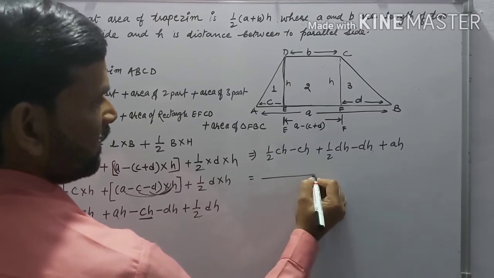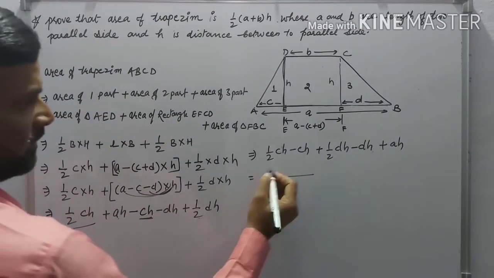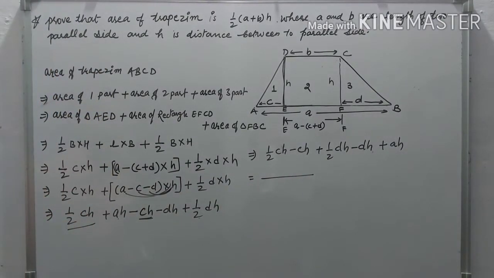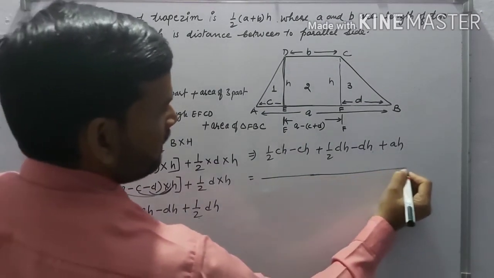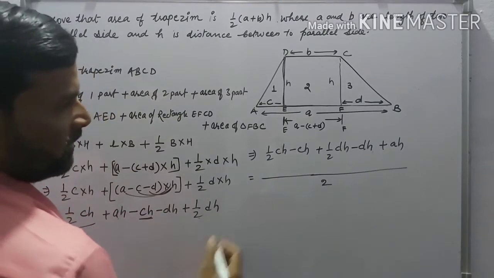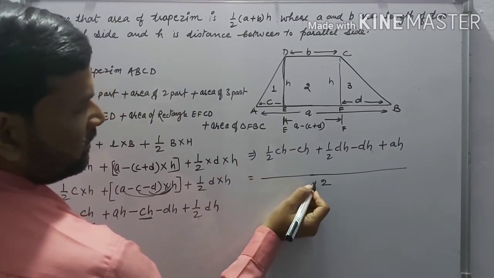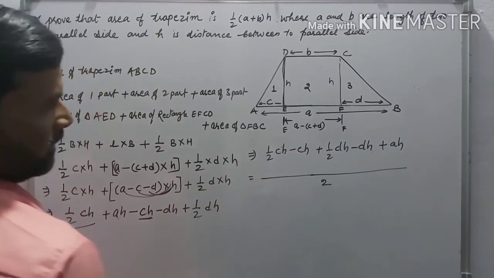Now the LCM is 2. So 2 divided by 2 is 1.